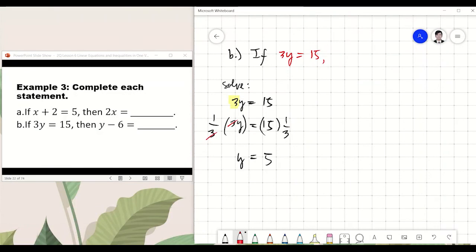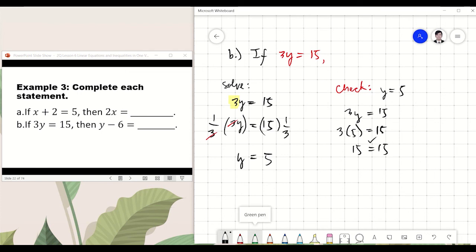So bago tayo mag-substitute, double check muna natin kung tama talaga yung nakuha nating value ng y. So kapag yung y natin is a 5 at ito yung ating equation, 3 times 5 is equal to 15.